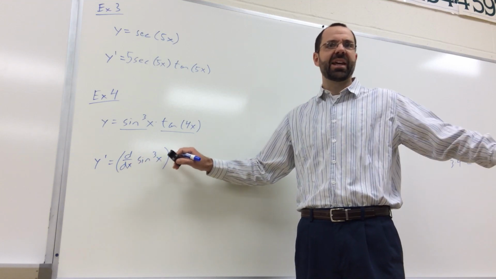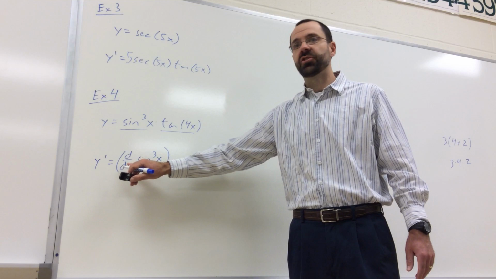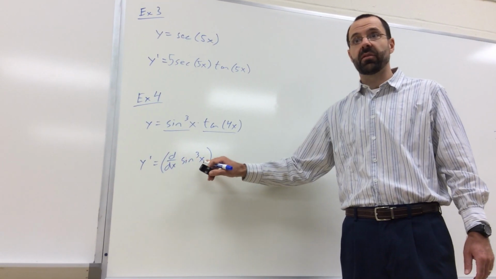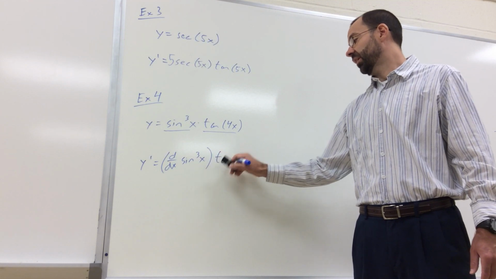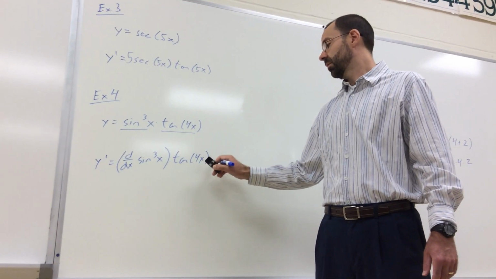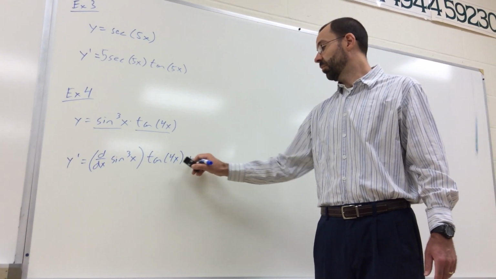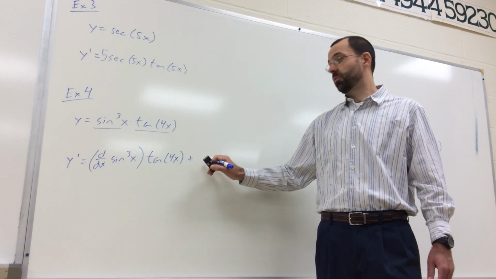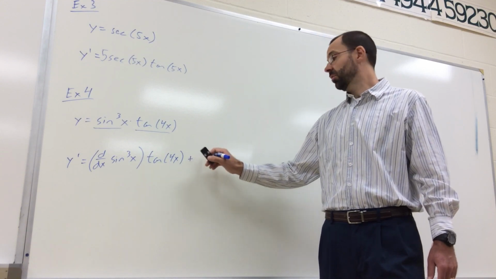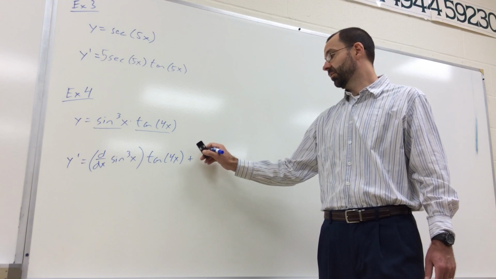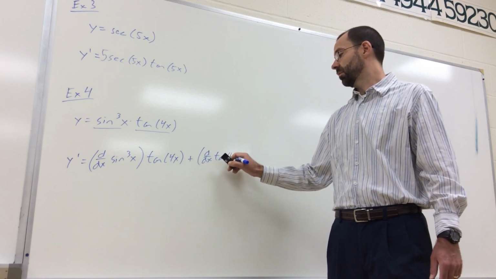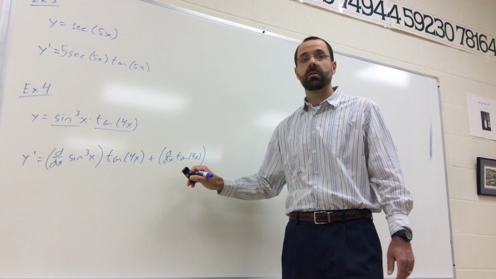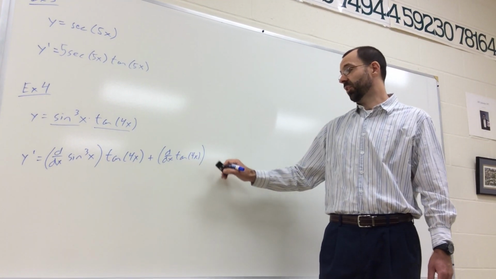But I'm delaying that, and I'm saying, hey, just remember, I'm going to have to do that derivative. So that's the derivative of the first thing times the regular second thing, and then plus derivative of the second thing, which I'm going to delay till later, times regular first thing.